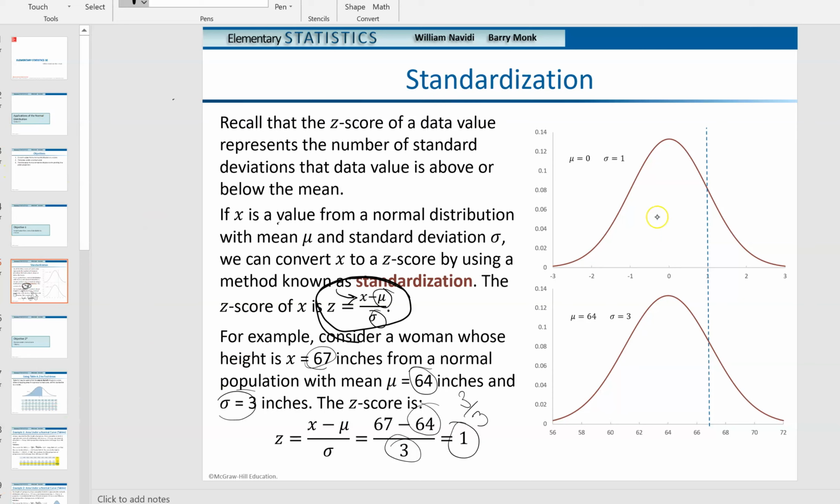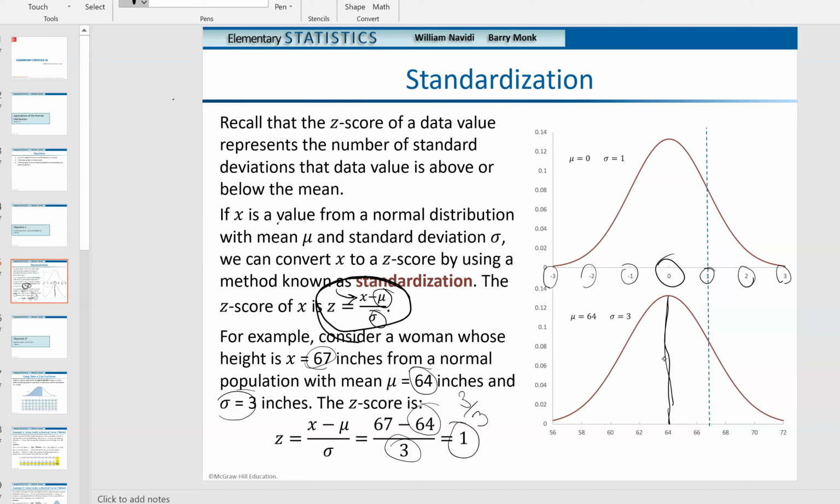Notice the two curves that they're showing here, both standard normal curves. One of them has z as the x-axis, so remember the mean for z was 0, then 1 standard deviation away, 2 standard deviations, 3 standard deviations, and -1, -2, -3. Over here the mean was 64, that's why that appears right in the middle, and the standard deviation was 3.